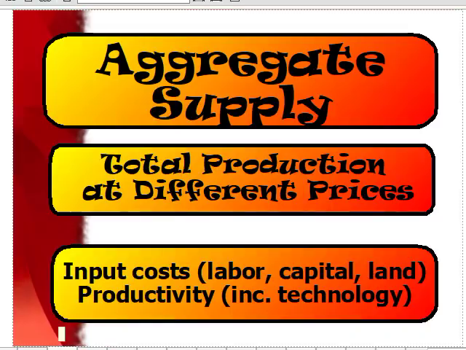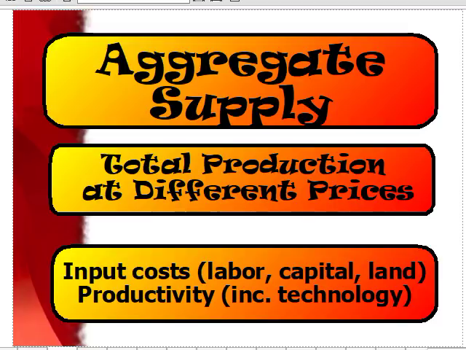Okay? All right. Aggregate supply is very much like the actual individual market supply curve. So aggregate supply you can think of pretty much as the supply curve you're used to, with one exception, and we'll talk about that in a second. Aggregate supply is the representative of total production at different prices.